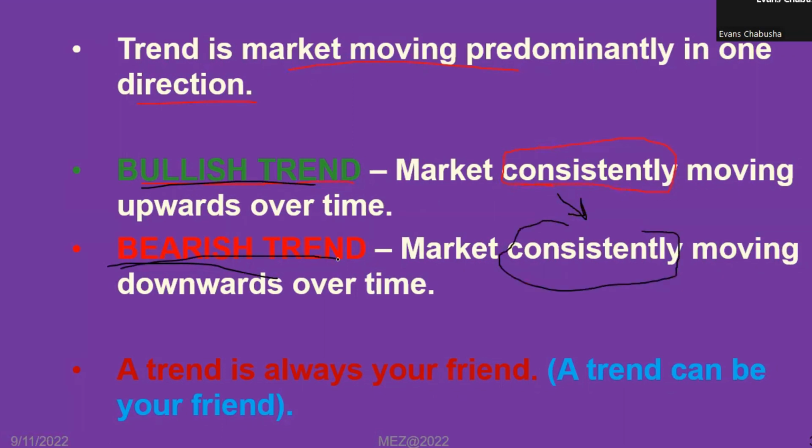That consistency needs to happen over time. The time here differs. There are some markets which will trend just for 1, 2 or 3 days, but there are some markets which will trend the entire month. They are just moving in the same direction.